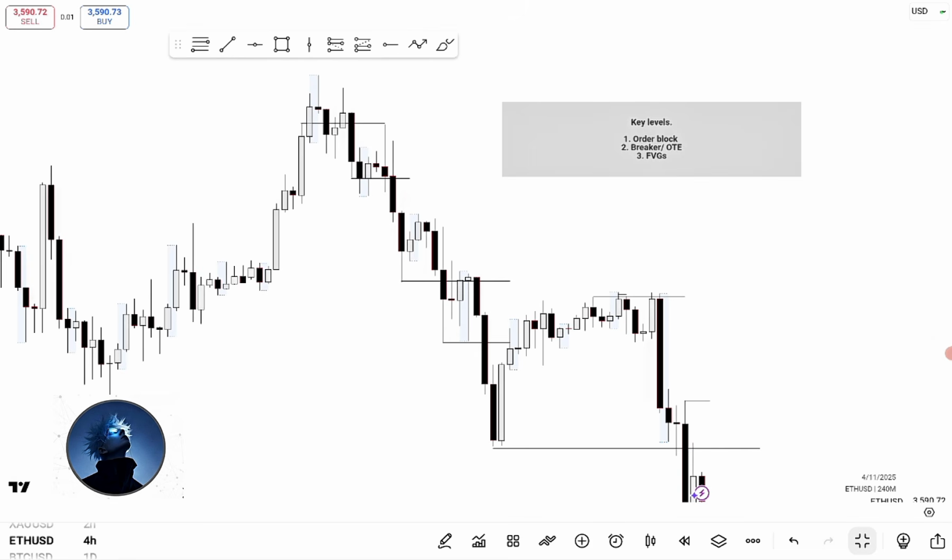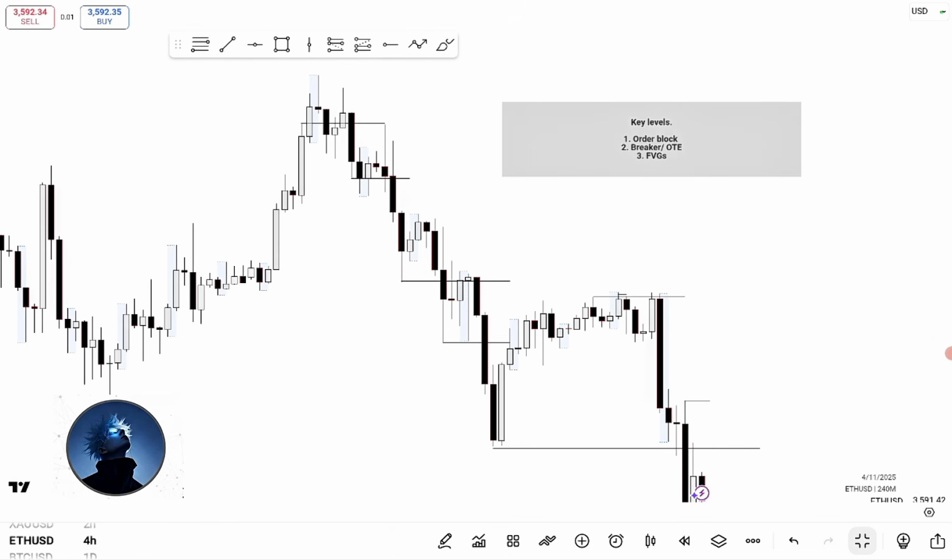A key level should contain either of these three things. Your key level should contain an order block that is fresh, unmitigated. The more fresh the order block is, the higher the probability the order block has of holding that particular zone or point of interest. Likewise your breaker, and likewise your fair value gap.